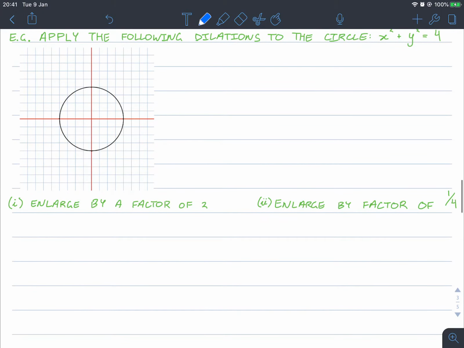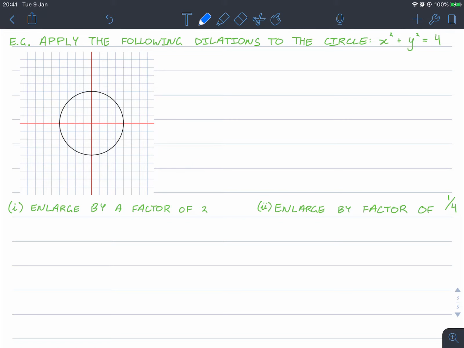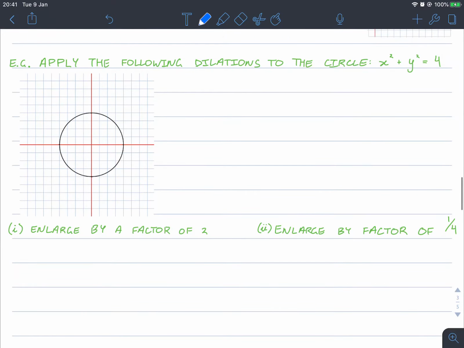So let's get straight into the example here. Let's apply the following dilation to the circle x squared plus y squared equals 4.